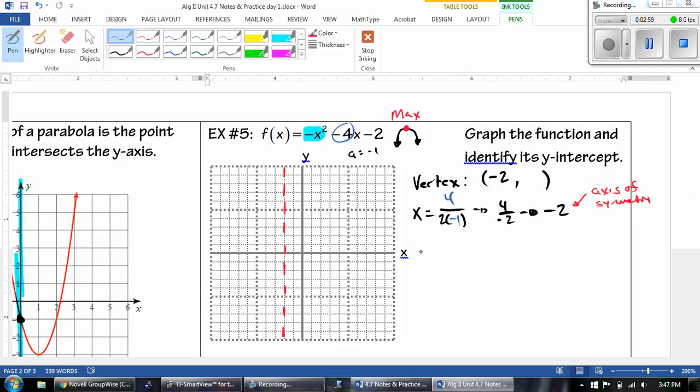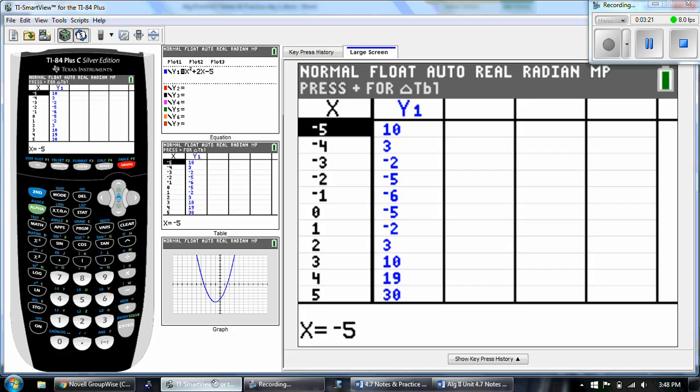To find the y value, we have to plug in. So we have -x squared minus 4 times x minus 2, and we're plugging in a -2 for x. There are a lot of negatives here, so when we're plugging this in, we have to be very careful.